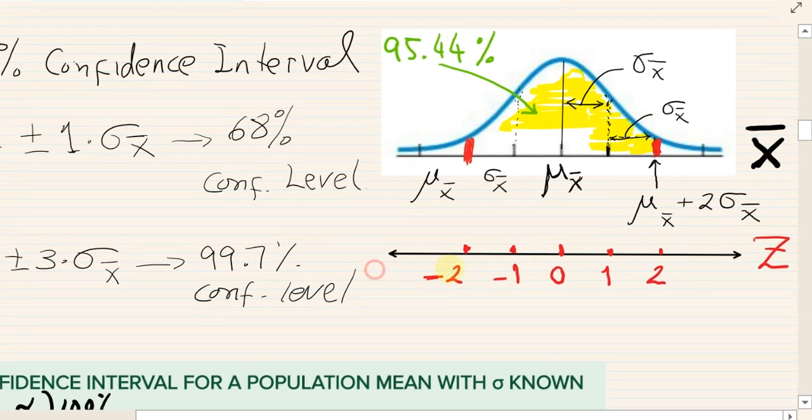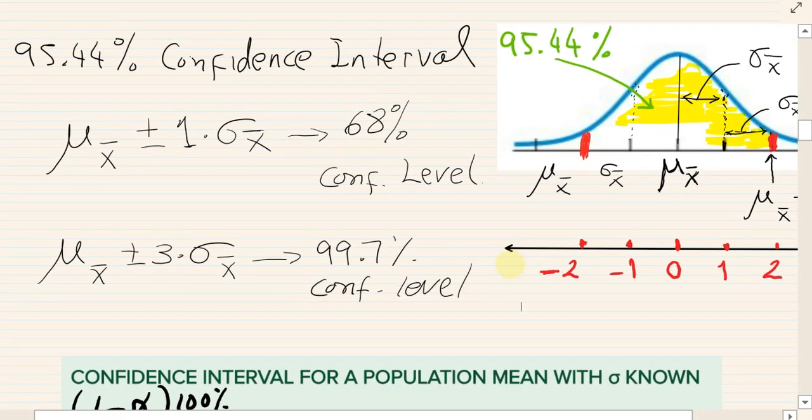Now, if we go 1 deviation above the mean, 1 deviation below, that's equivalent to a 68% confidence level. If you go 3 deviations above and below, you're doing a 99.7% confidence interval. Or the other way to say it is, if I want to construct a 99.7% confidence interval, this number must be 3. I've got to go 3 deviations, plus means above, minus means below.